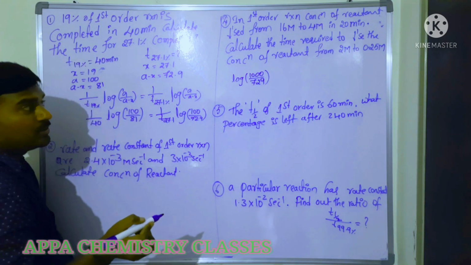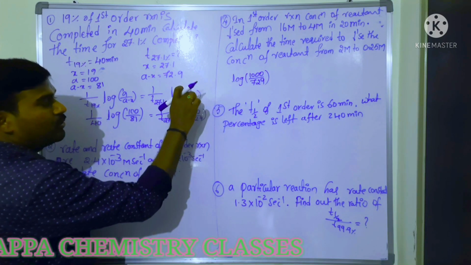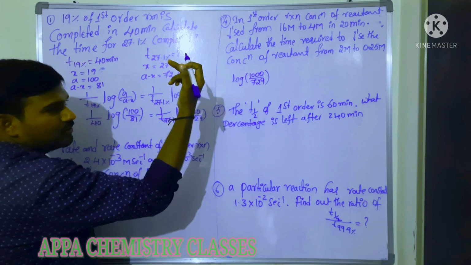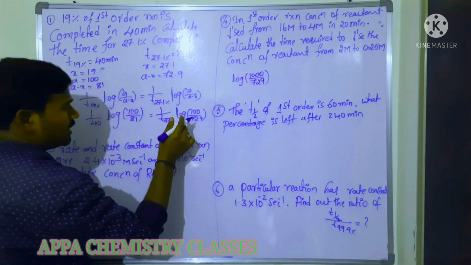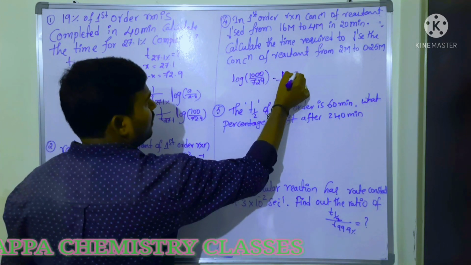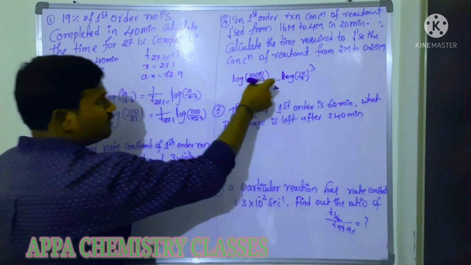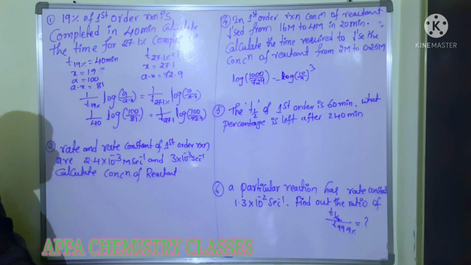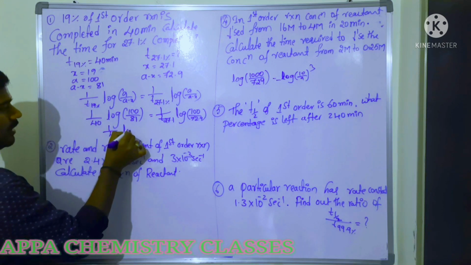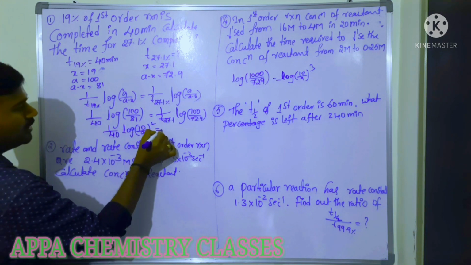We can write that, because when the decimal is taken out, 10 power minus 1 goes up as 10 power plus 1, and 100 into 10 is 1000. So this can be written as log of 10 by 9 whole cube, since 9 cube is 729.